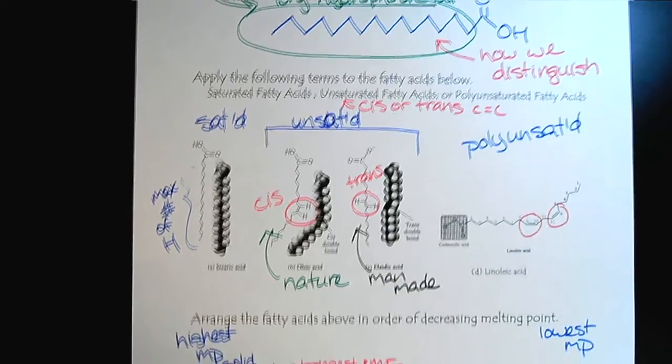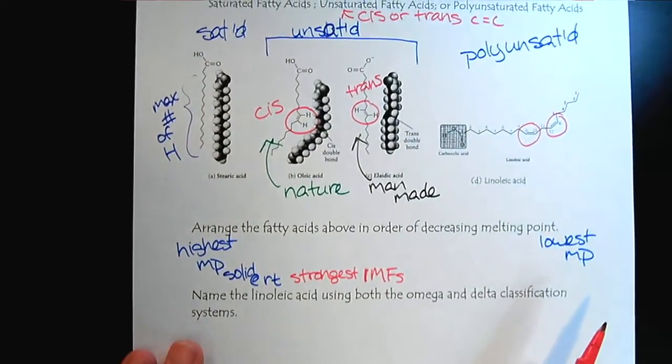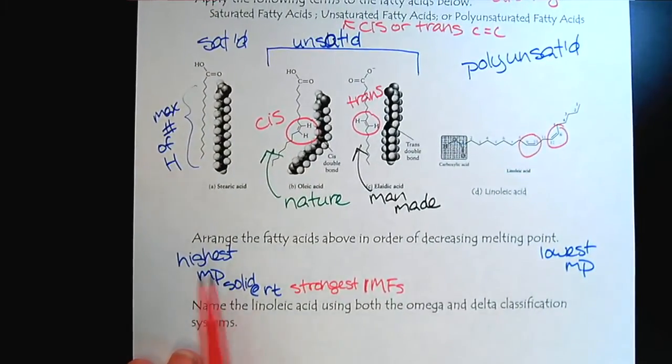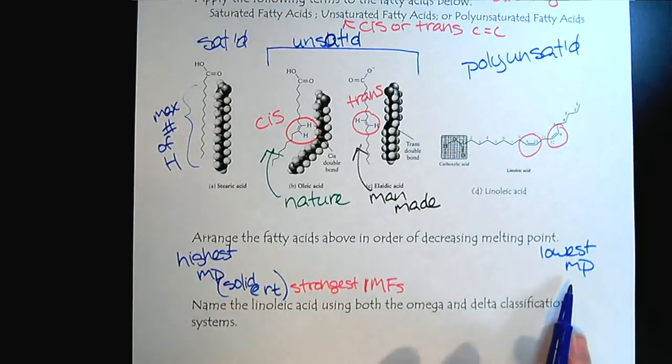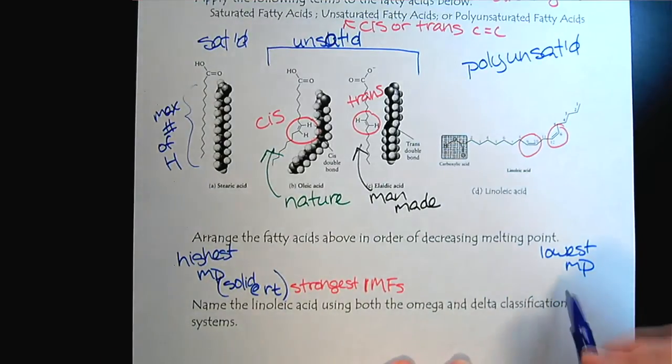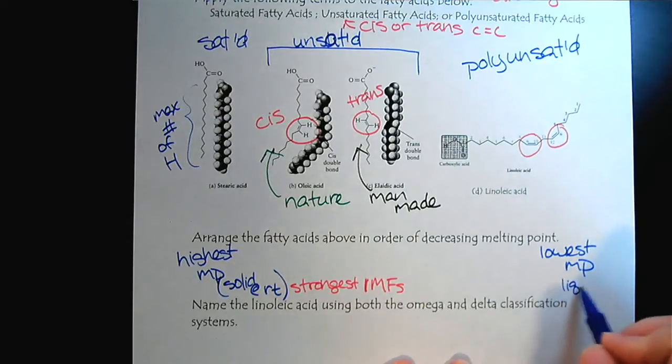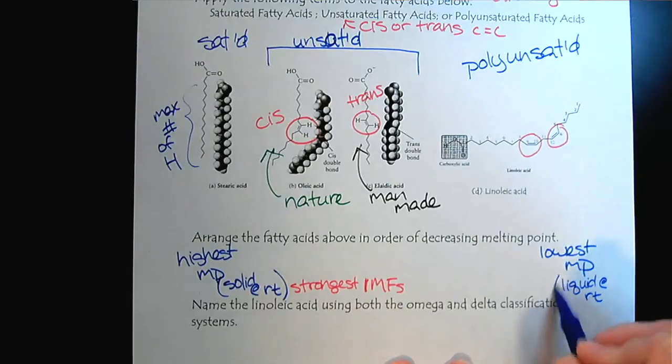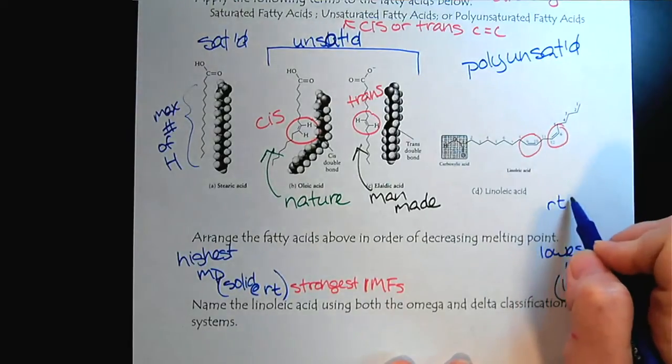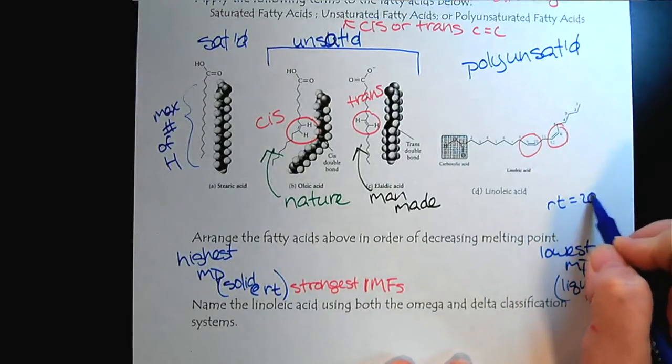So if we look at these, right, so we want to arrange from the highest melting point, which means most likely that it's a solid at room temperature, the lowest melting point, right? It melts really easy. So these are often going to be liquids at room temperature. And if you're wondering what in the world is room temperature, it depends on who you ask, about 20 degrees C.